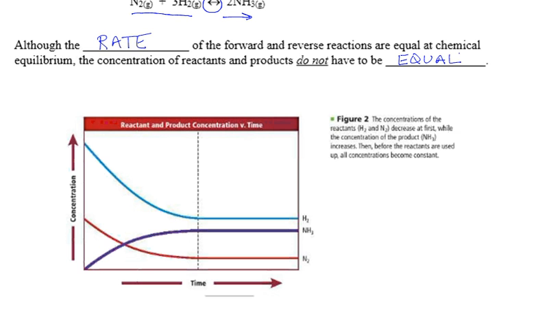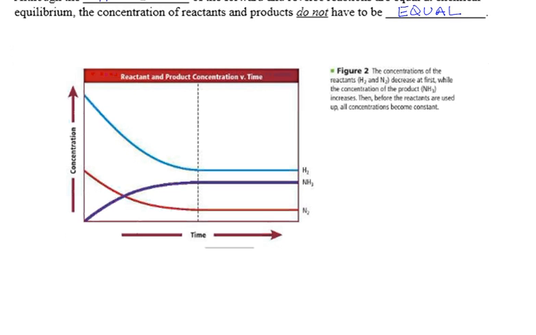We show this in a graph. Originally, nitrogen and hydrogen react, they get used up. Initially, there is no ammonia. The rate of the forward reaction will slow down, less collisions.